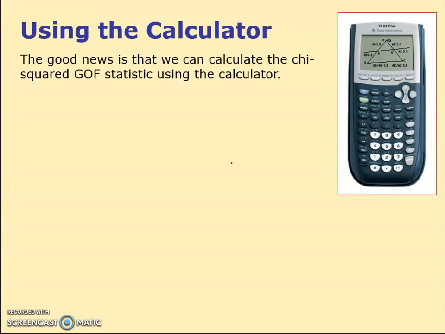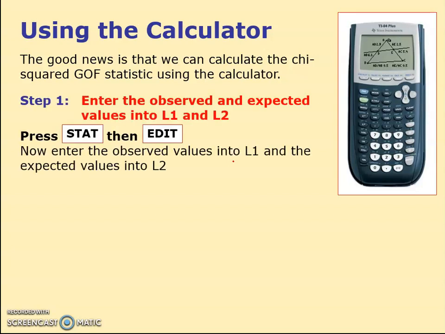Now, if you use a calculator, these are good notes, so you might want to write these down. First of all, on this calculator, you have to press the Stat button, which comes across the top of the screen. You press Edit. And like I said before, L1 is the observed data, L2 is the expected data, so you enter it into L1 and L2.